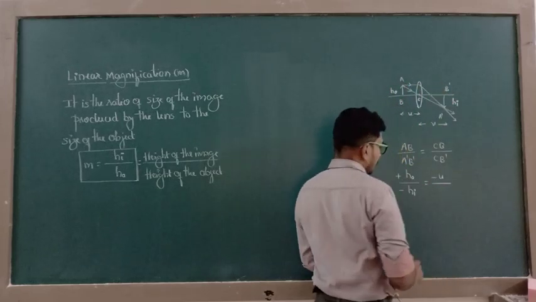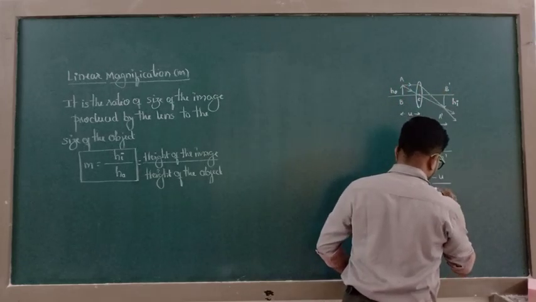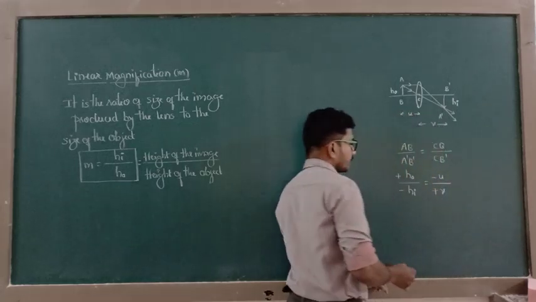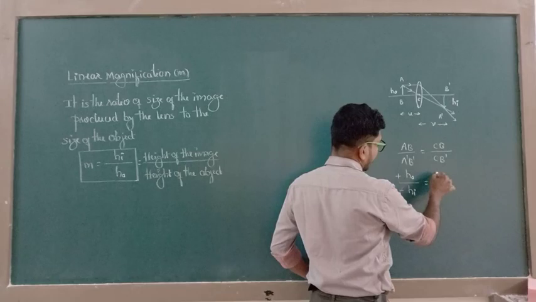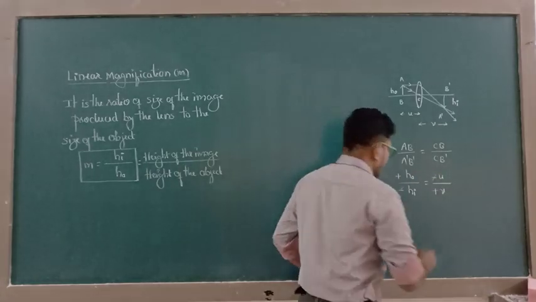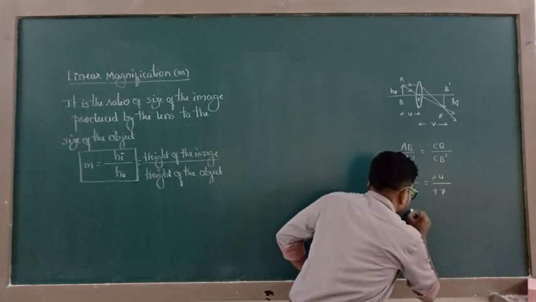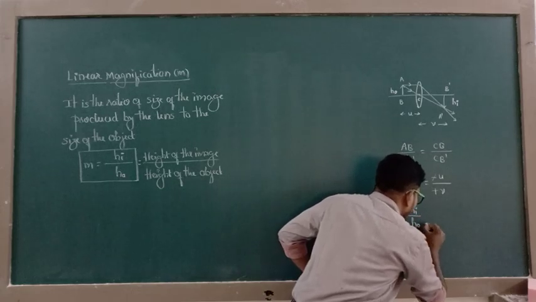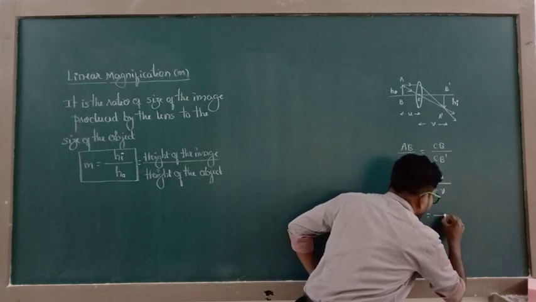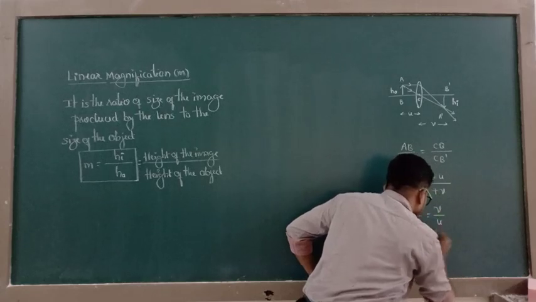Therefore, image distance is positive, V. The negative signs get cancelled. Then we can write height of the image divided by height of the object is equal to V divided by U.